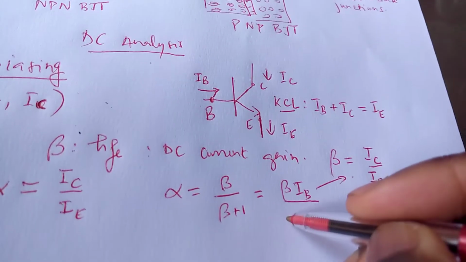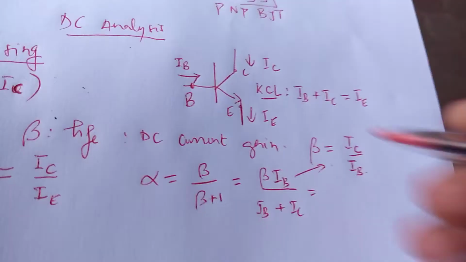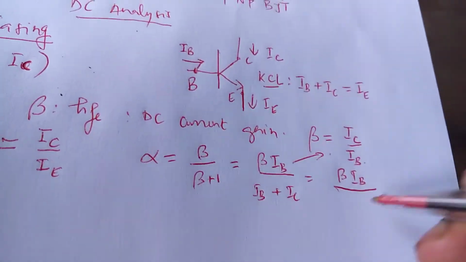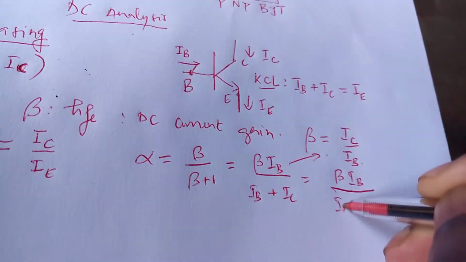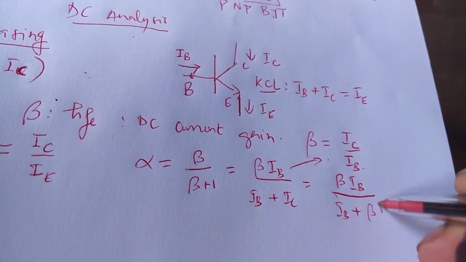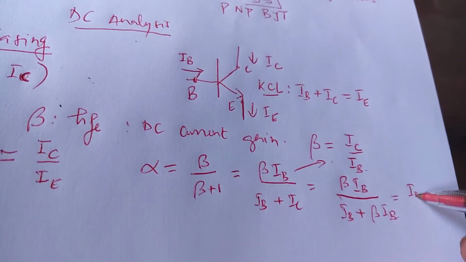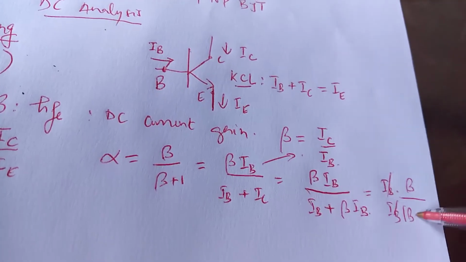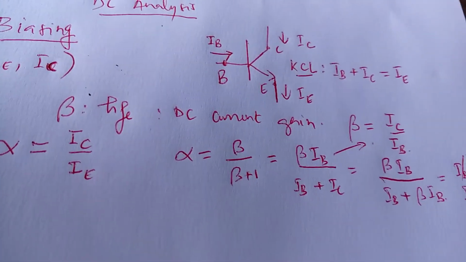At the same time, IE is IB plus IC. So alpha equals beta IB divided by IB plus beta IB. If you put IB as a common factor, the IB cancels, and you get beta over beta plus 1. That's how we end up with alpha being beta over beta plus 1.